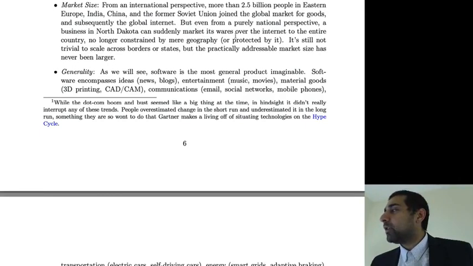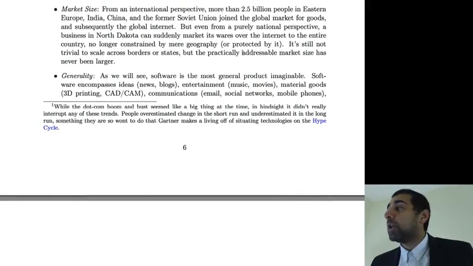Even within a country, a business in North Dakota can market its wares to the entire country. It's no longer constrained by geography or protected by it. So there's not just more opportunity, there's more competitors. Everybody is in some sense adjacent to you now, and you have to basically win a winner-take-all competition to win your particular niche.